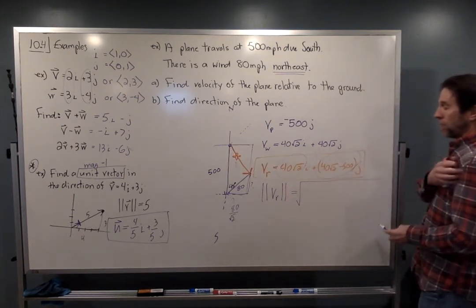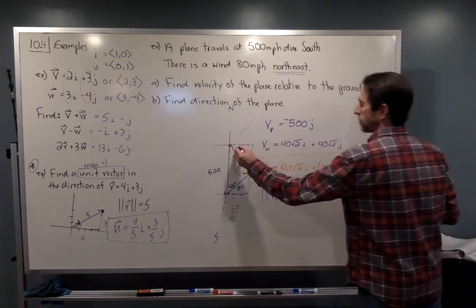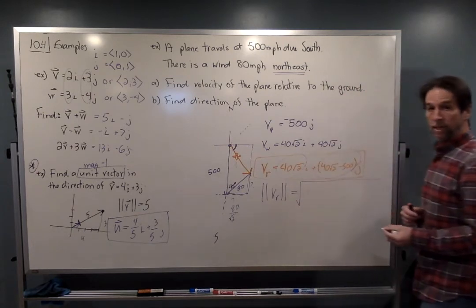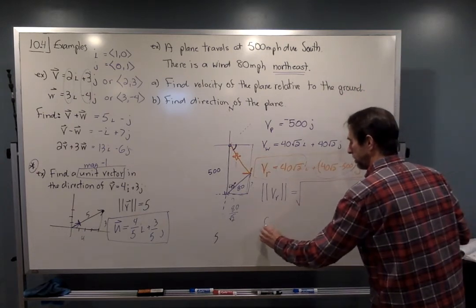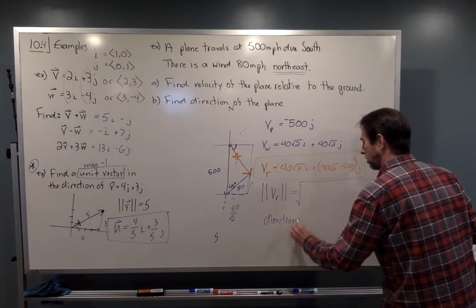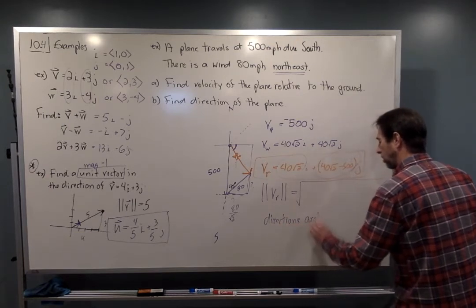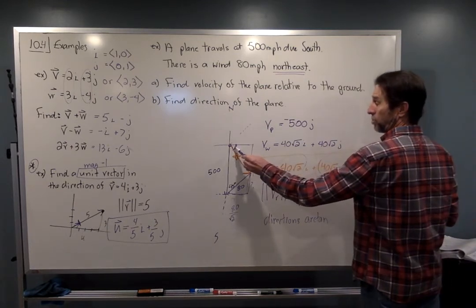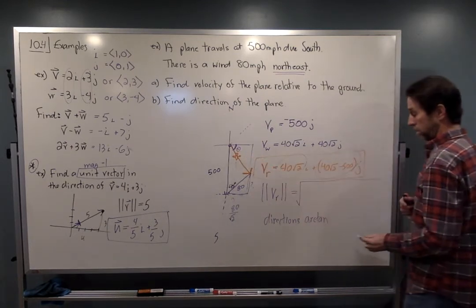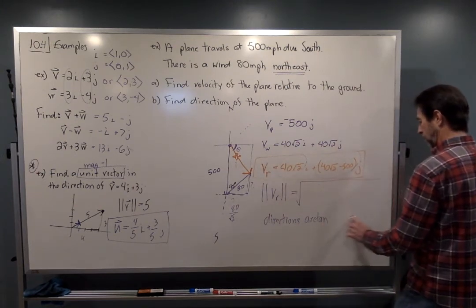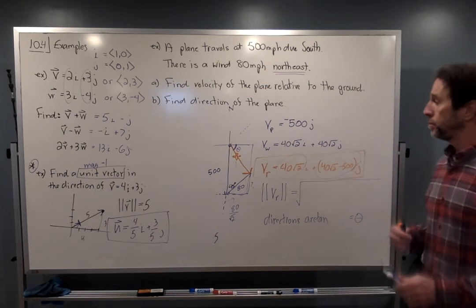And then the direction of the plane, you basically have to find one of these angles. It's going to be an arctangent. So the direction would be the arctangent of, if I think of this one right here, I call that theta, let's say it's equal to theta.